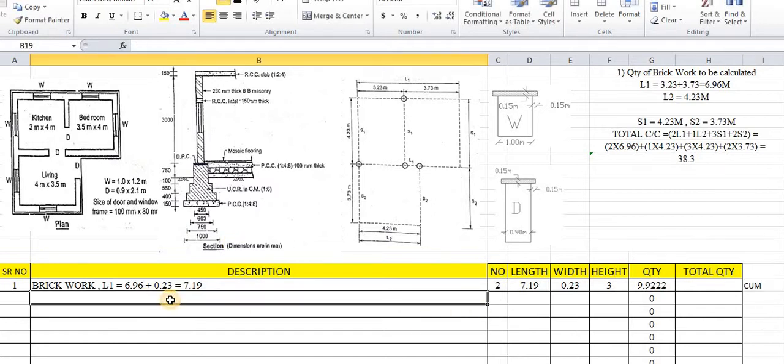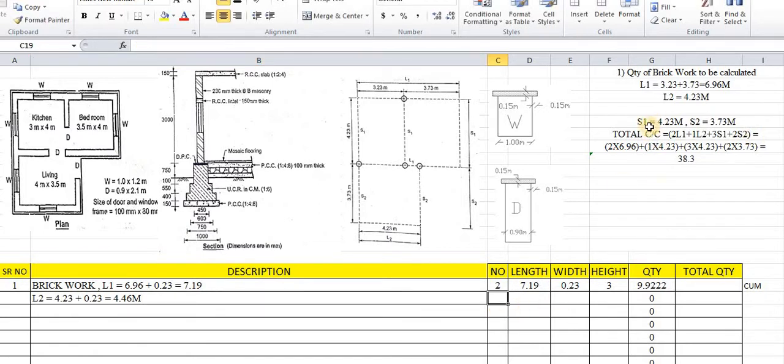So here we have calculated first the brickwork L1. Same way L2 will be calculated. What is L2? L2 length has been 4.23. Again it is added with the width of the brickwork, 0.23. 4.23 plus 0.23 comes to be 4.46 meters.